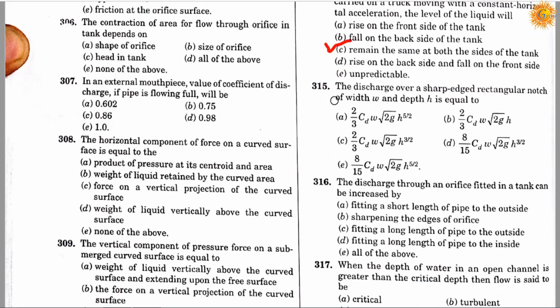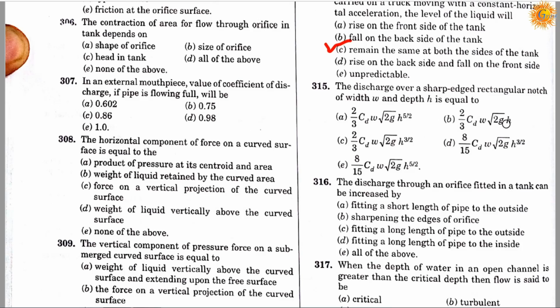Question number 315. The discharge over a sharp-edged rectangular notch of width W and depth H is equal to option A, 2/3 CD W under root of 2g, H power 5/2, option B, 2/3 CD W under root of 2g H, option C, 2/3 CD W under root of 2g, H power 3/2, option D, 8/15 CD W under root of 2g, H power 3/2, and option E, 8/15 CD W under root of 2g, H power 5/2.